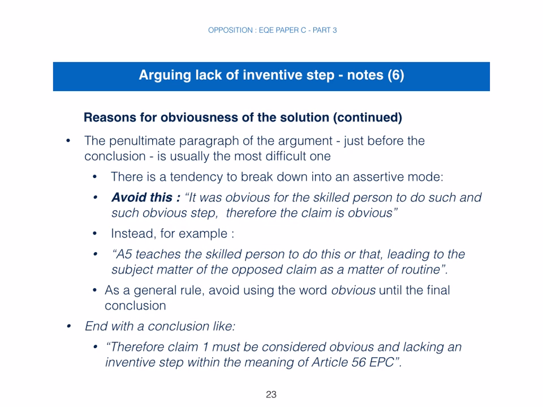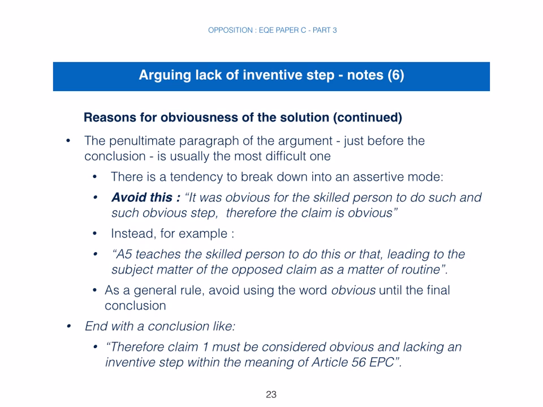The penultimate paragraph of the argument, that is the paragraph just before the conclusion, is usually the most difficult one. Here we have the most problems. There is a tendency here to break down into an assertive mode. Assertive mode you can recognize especially from objections made by US Patent Office examiners, also occasionally from EPO examiners, as well as from real-life European opponents.